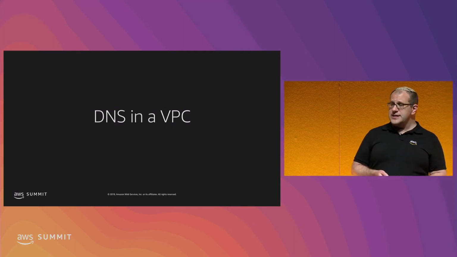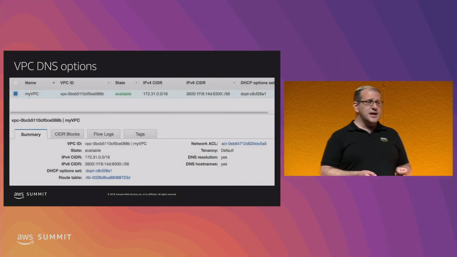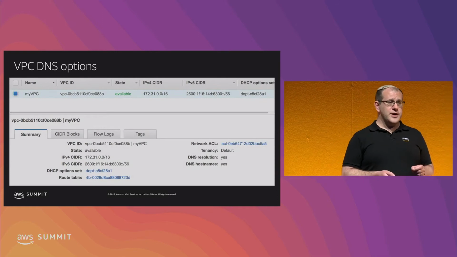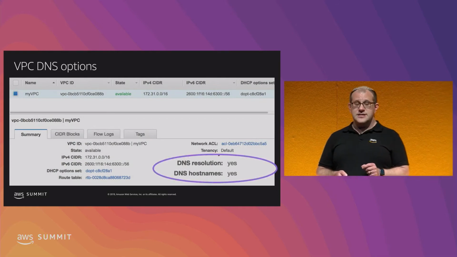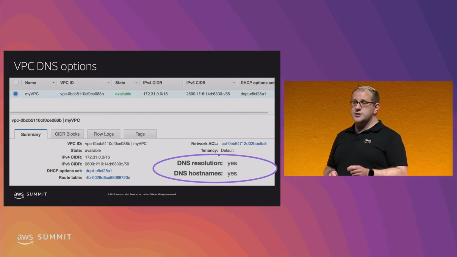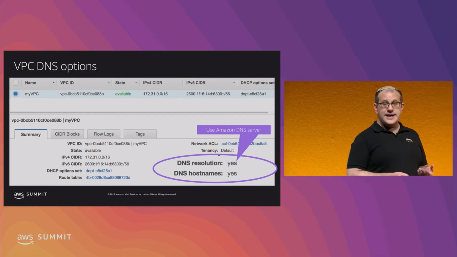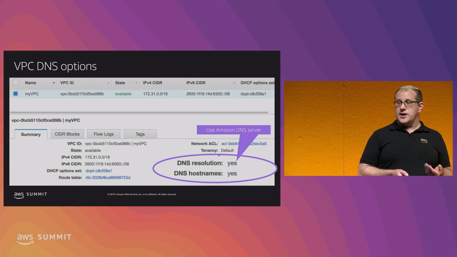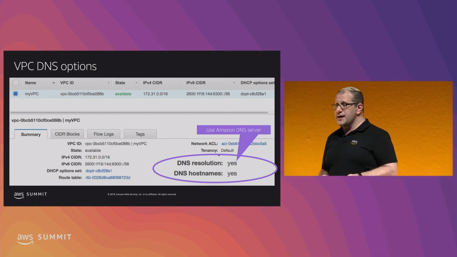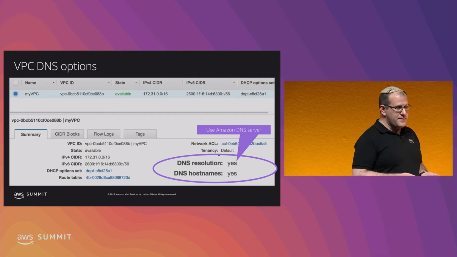I haven't mentioned DNS, and in the last minute I'm going to mention DNS. Inside AWS, we provide you with DNS services as well. Those services are switched on by default, although you can switch them off, and they provide two things. They provide DNS resolution so that your instances inside a VPC can resolve public addresses and addresses of other things in the VPC.